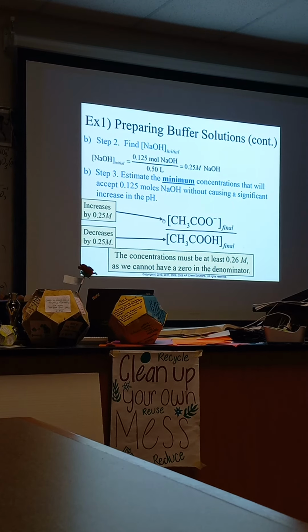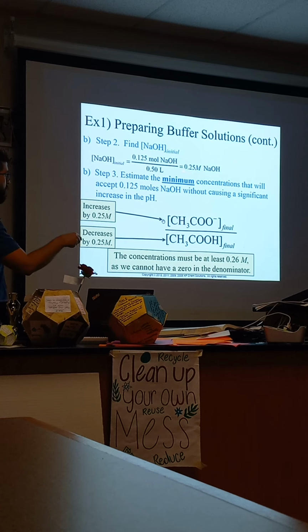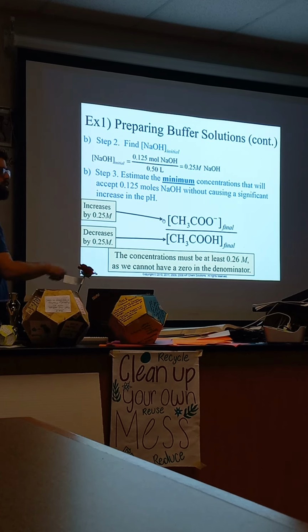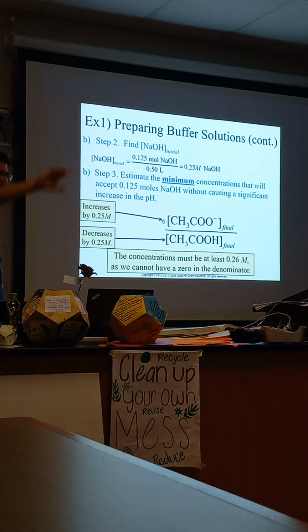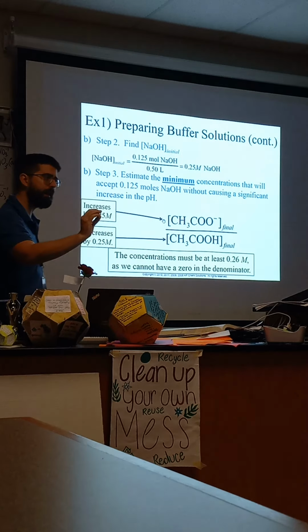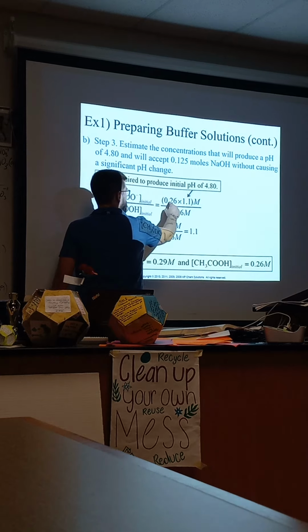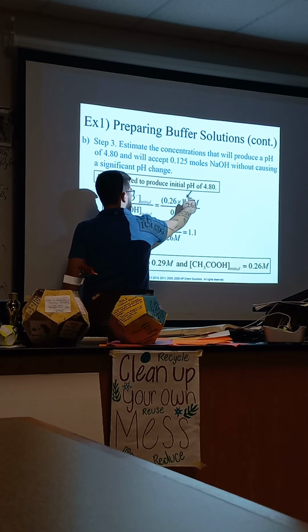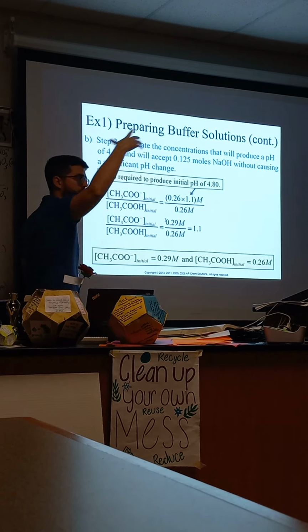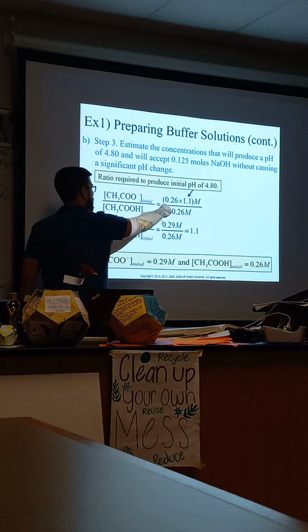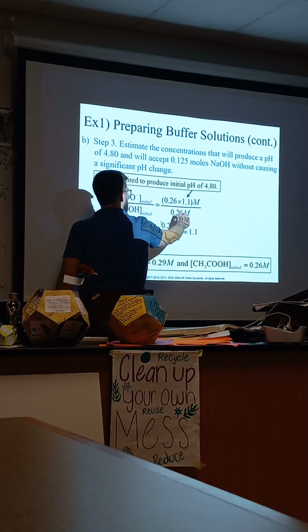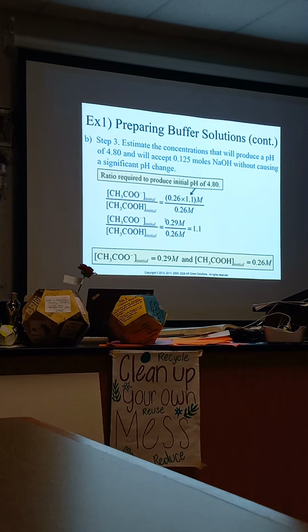That is one of the little tricks of this. You can't just use this exact number that we figure out here. We just add a little 1 to the final digit, make it a little bit bigger. And that's how we get 0.26 times 1.1, because remember we said it has to be a 1.1 ratio. 0.26 times 1.1 over 0.26.